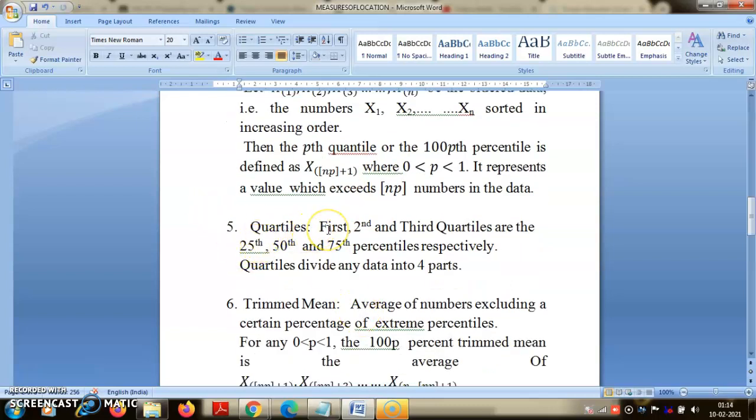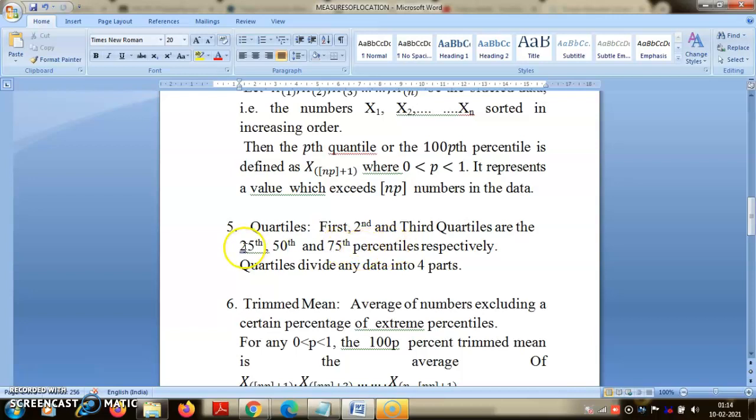Now quartiles. Quartiles are three distinct percentiles: the 25th, 50th and 75th percentiles, and they divide the data set into 4 parts. Below the 25th percentile there are 25% of the numbers, between the 25th and 50th percentile there is again 25%, between the 50th and 75th there is 25%, and above the 75th is the top 25%.